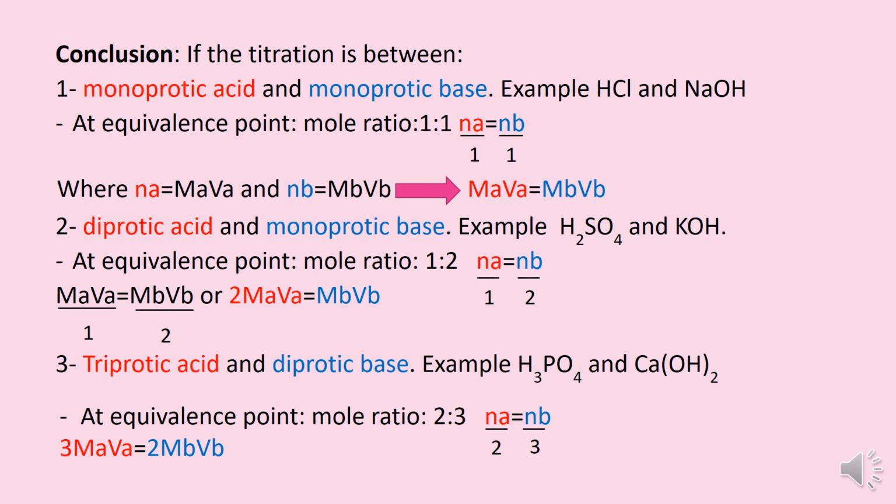So the relation will be Na over 2 equal Nb over 3. Or we can say here that instead of the Na, or the number of moles of the acid, we can substitute it by 3 Ma times Va, which is equal to 2 times the molarity of the basic solution times the volume of the basic solution.